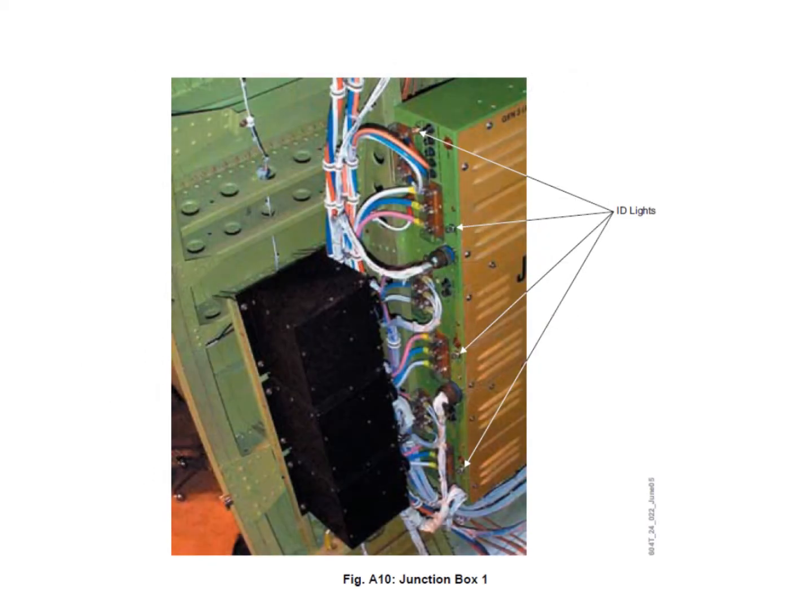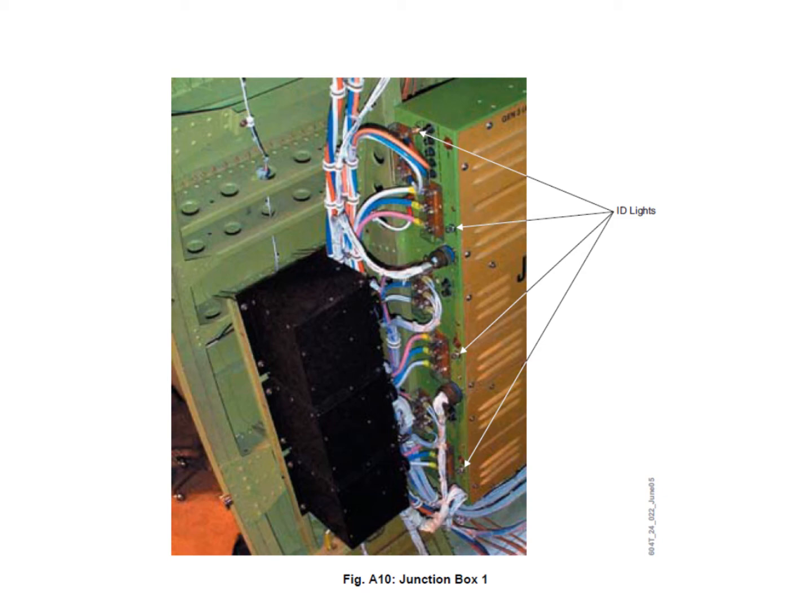So this is a photo of JB1, junction box number 1, which is probably the most important junction box. It's where all those contactors that we've been talking about are housed. Those black boxes next to the junction box are the generator control units, so one for each IDG and then one for the APU, and all of them are the same, by the way.